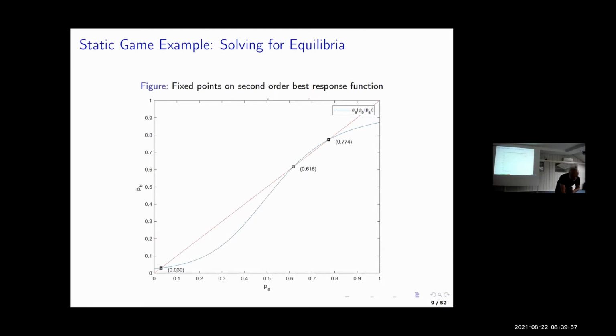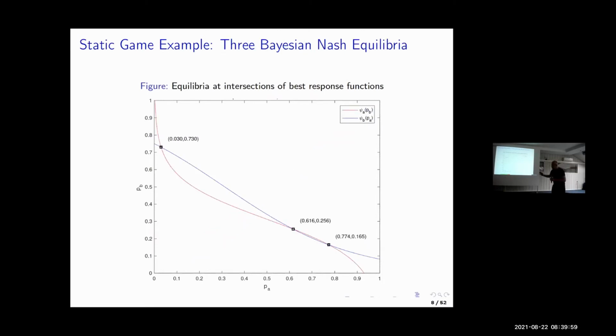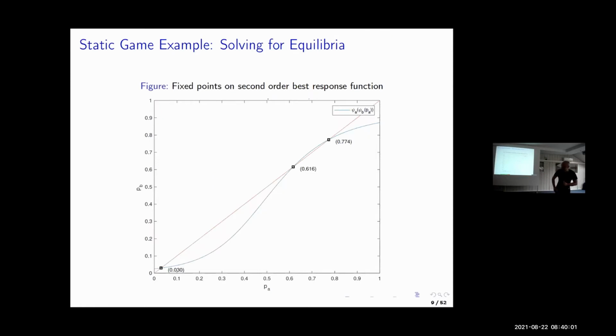What I've done here, and you can do this in a very simple case, is substitute one into the other, and you get what we refer to as the second order best response function.